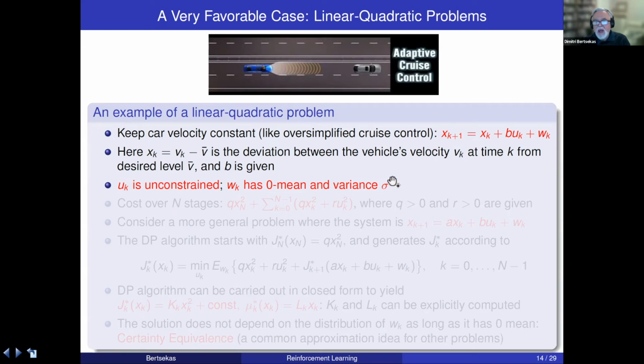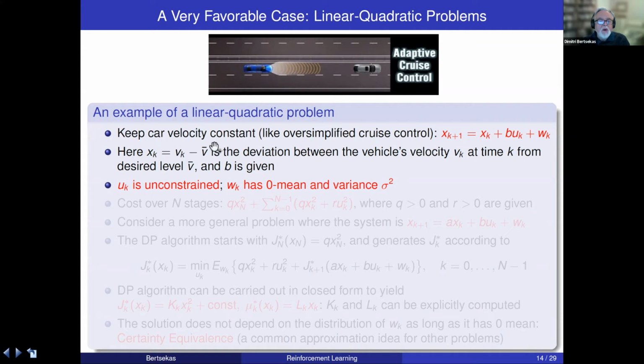In practice, there may be many difficulties. For example, many cars today involve adaptive cruise control that not only regulates the velocity of the car, but also makes sure that there's a safe distance kept from cars that are ahead. So that involves a more complicated system. It involves also constraints and so on.